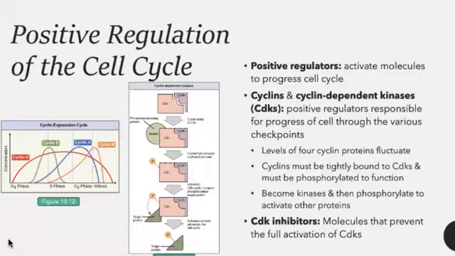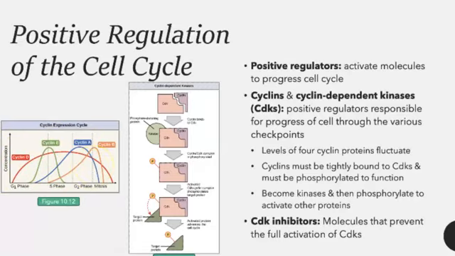Let's talk about that cyclin protein first. That cyclin protein is going to have levels that fluctuate throughout the cycle. They'll rise and they'll fall during specific stages, which is depicted in this figure here to the left.